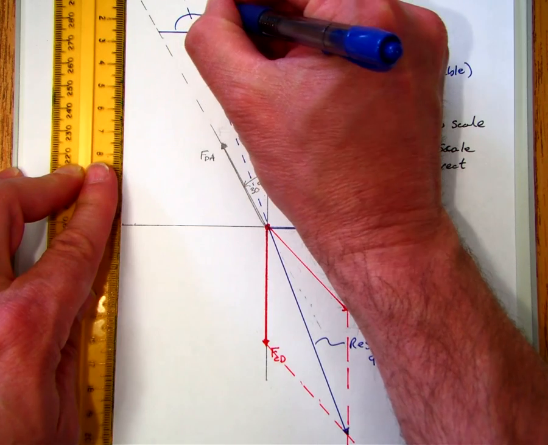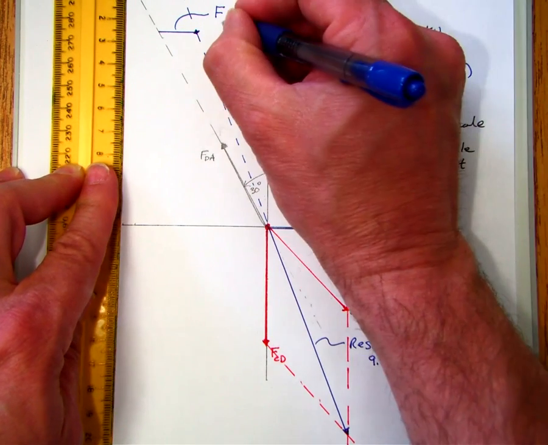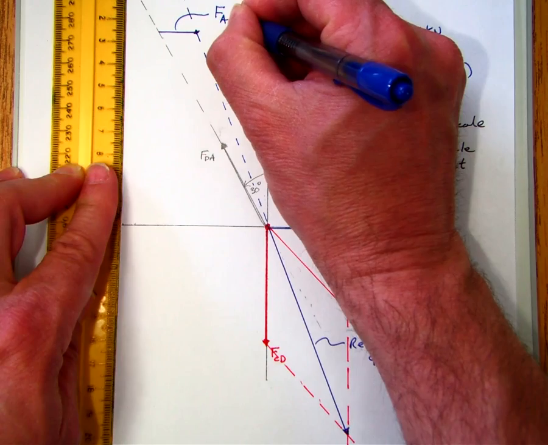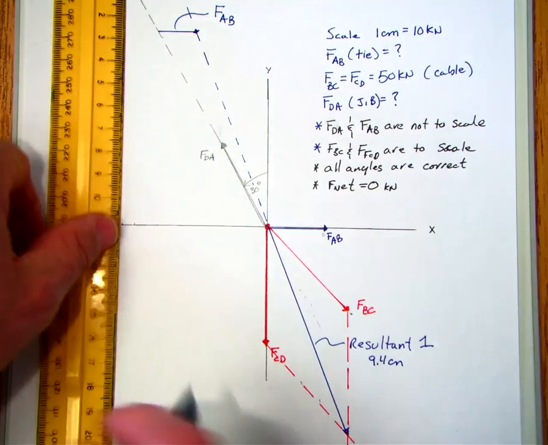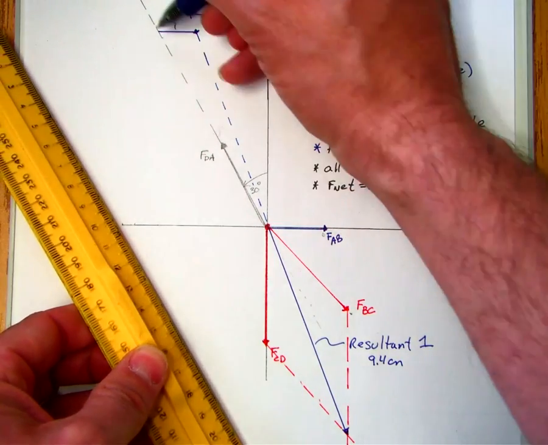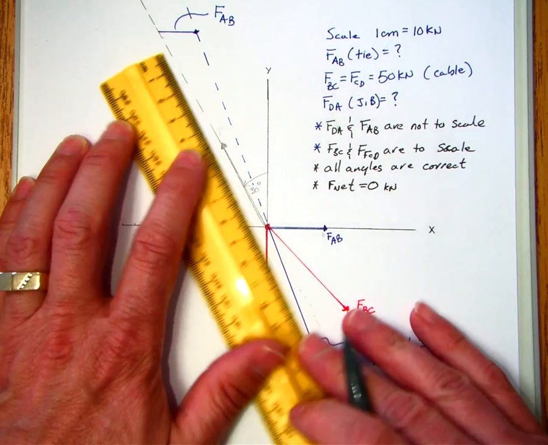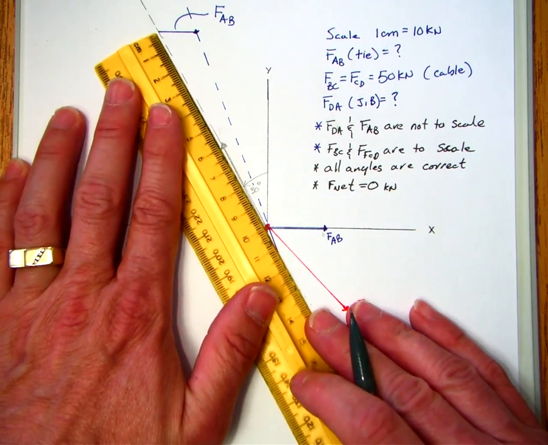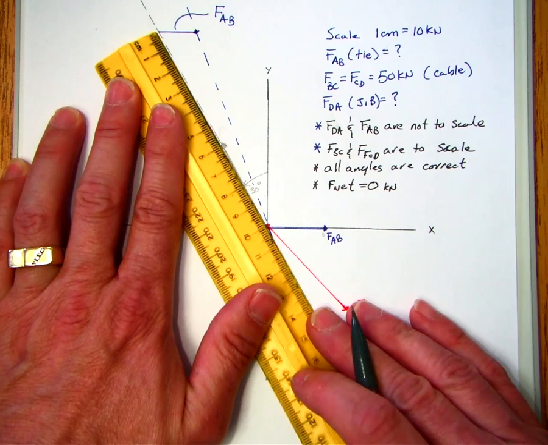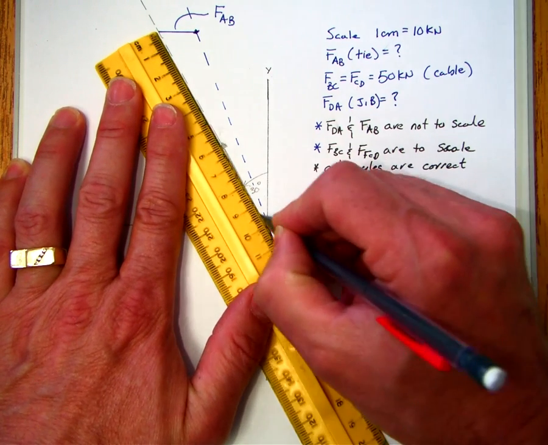This line, when measured, is force AB. And the line that connects from here to there, when measured, is the force dA. So these are your forces in the jib and the forces in your tie.